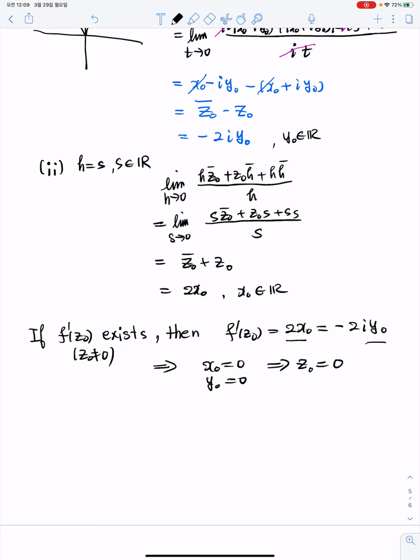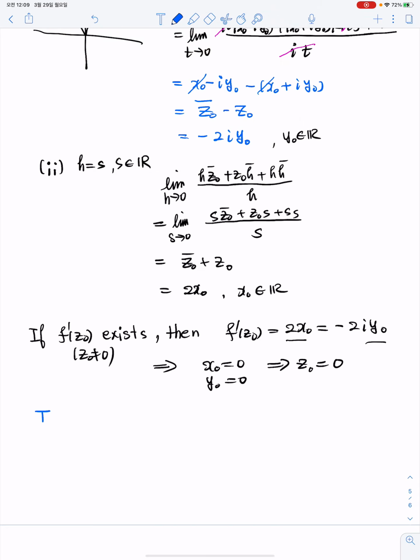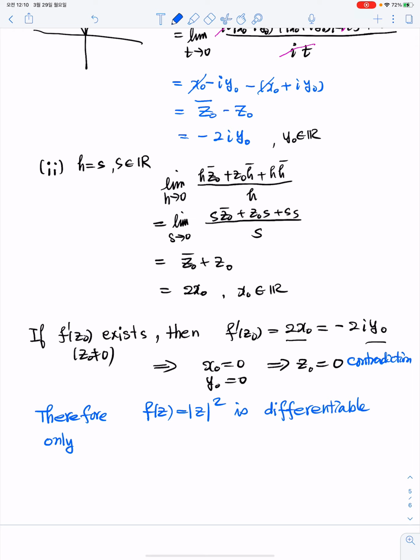So here is our conclusion. Therefore, by the contradiction, f of z equals modulus of z squared is differentiable only at z equals 0.